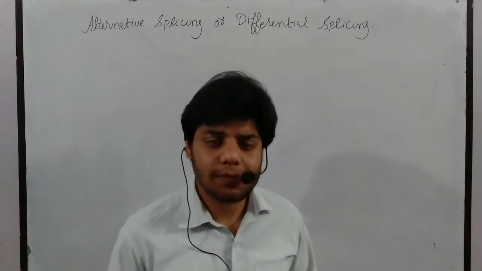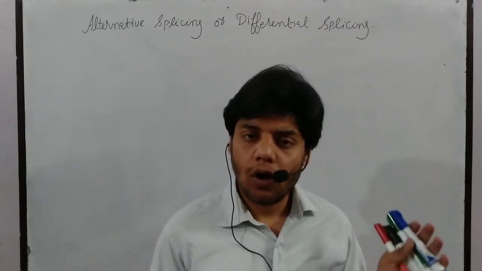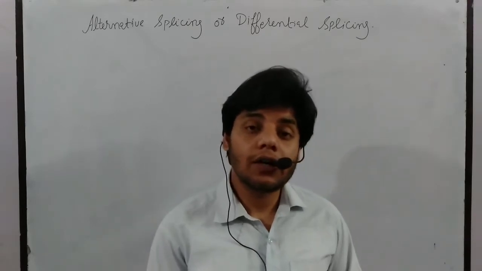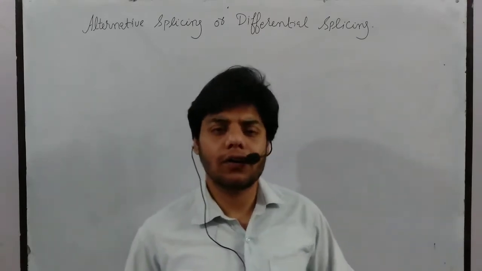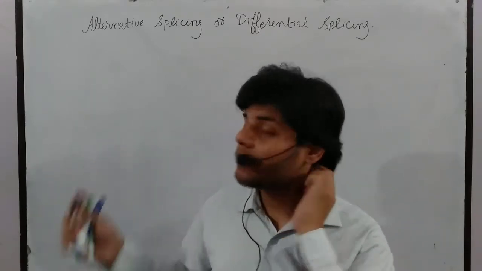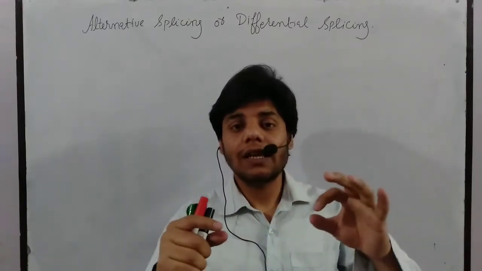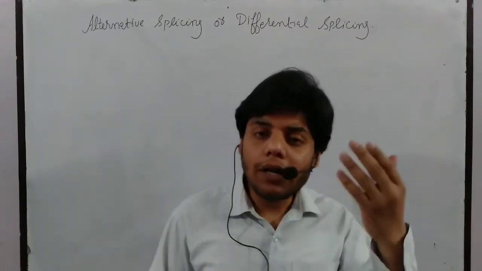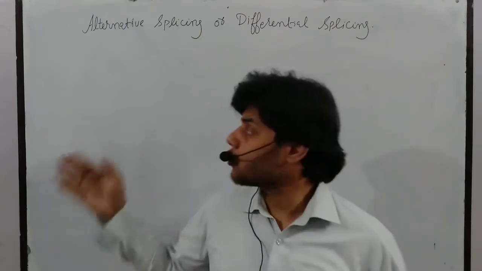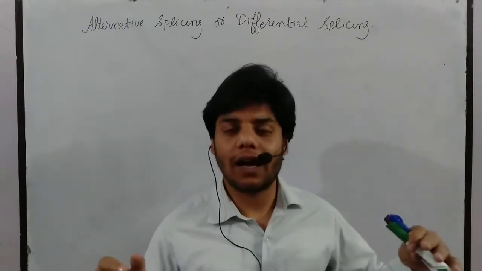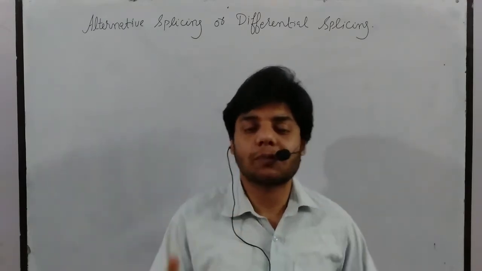Alternative or differential splicing is the process, which mainly occurs during gene expression, in which a single gene gives rise to multiple proteins. During transcription, when we get the RNA, this RNA should be spliced.